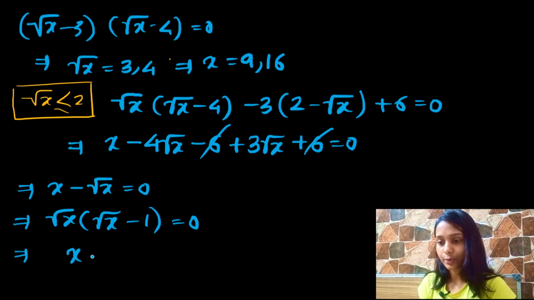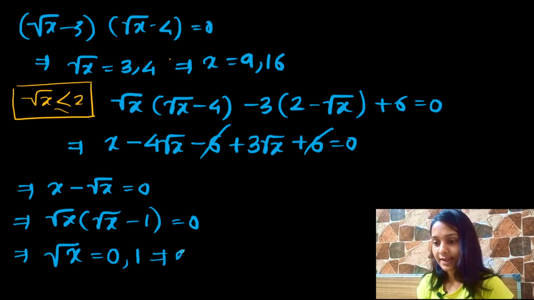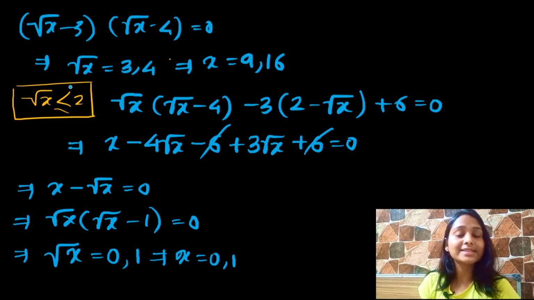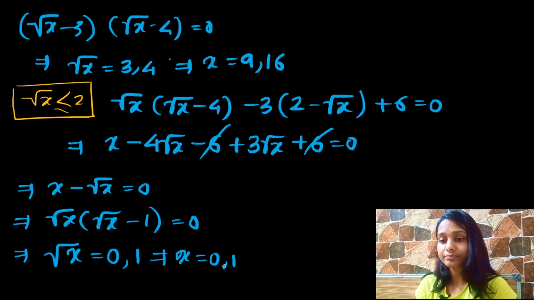So root x equals 0, 1. That means x equals 0, 1, and both of these satisfy this condition here. So from here we are getting 0 and 1. These are also different from what we had obtained in the set A, as set A contained anything strictly greater than 0 and strictly less than 1.